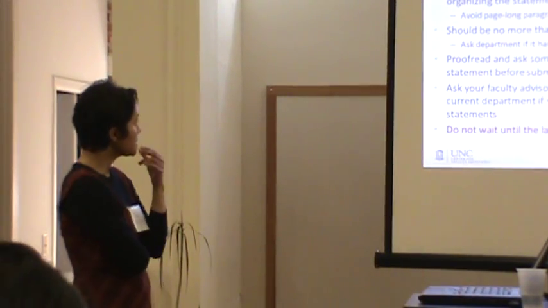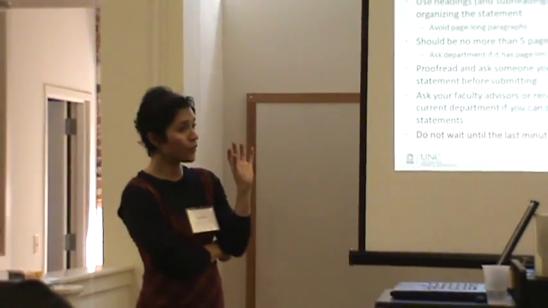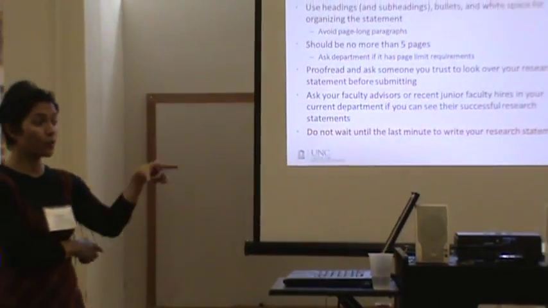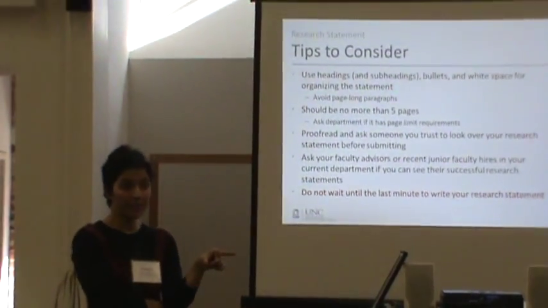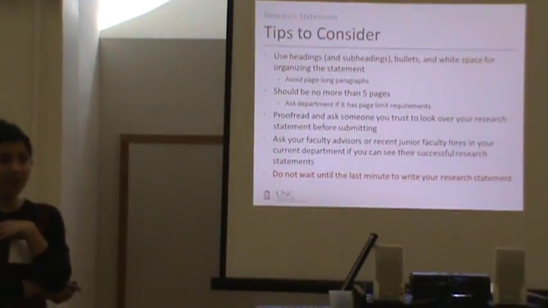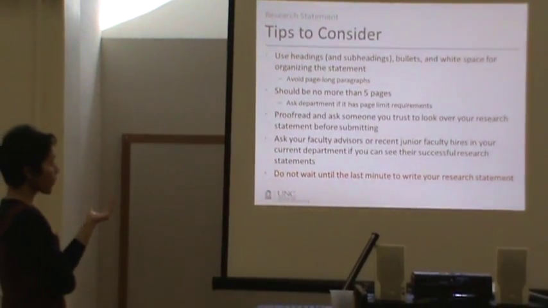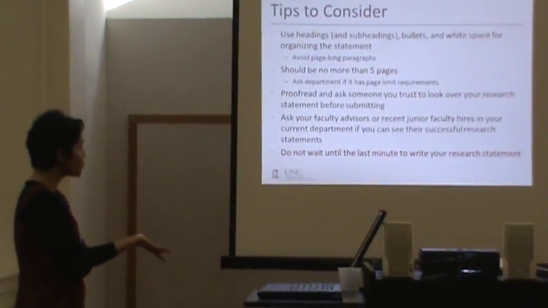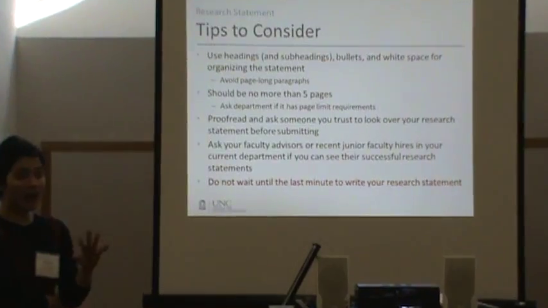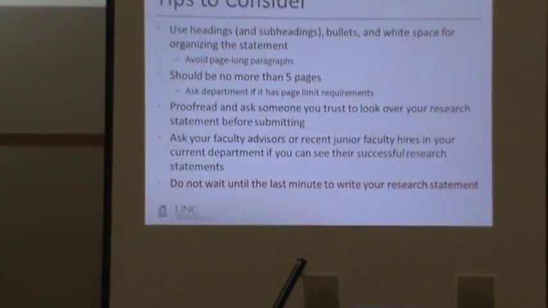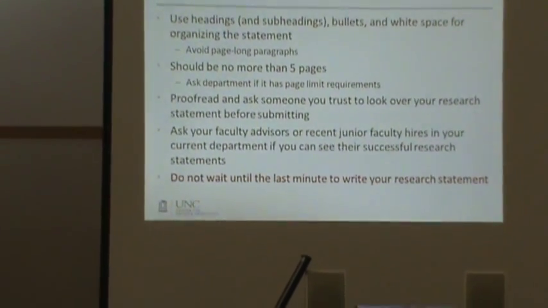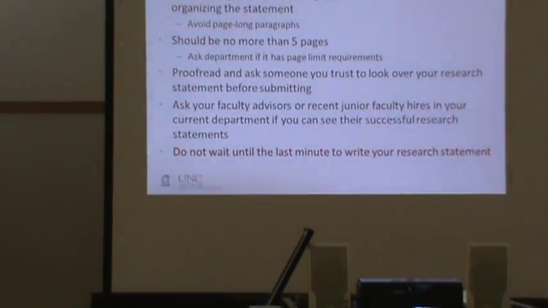So I've already mentioned the formatting and organizing, and we have some good examples of statements here that I think are fairly well organized. I'm saying 5 pages. That's about the maximum I tend to see, but this is something I would ask.